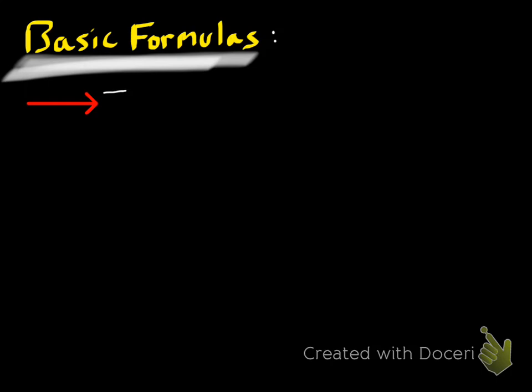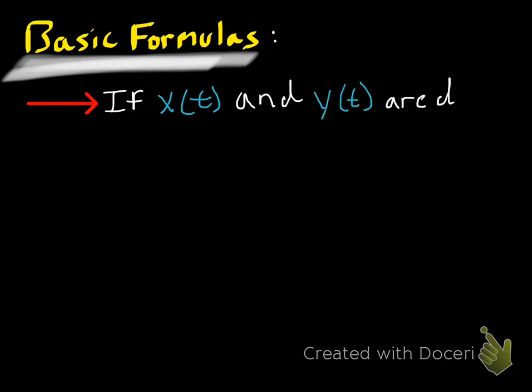So let's look at some basic derivative formulas, which are very important in terms of parametrics. First we are given a parametric pair. If x of t and y of t are defined, then we can differentiate both of these independently.